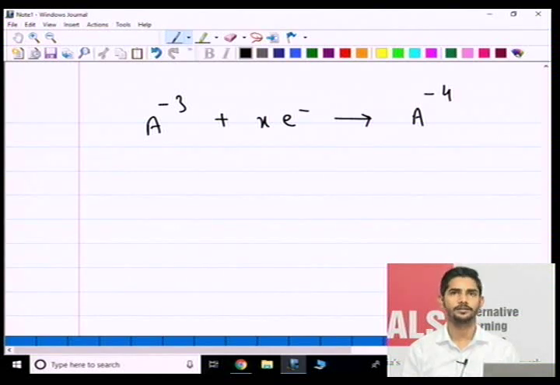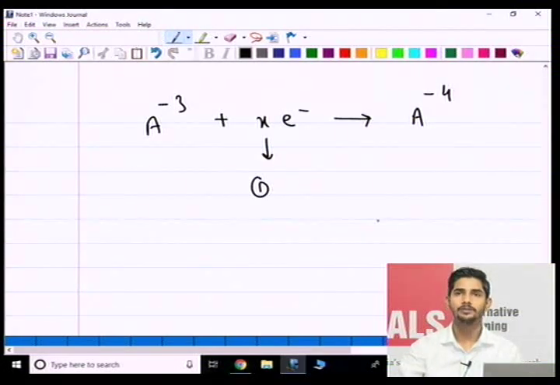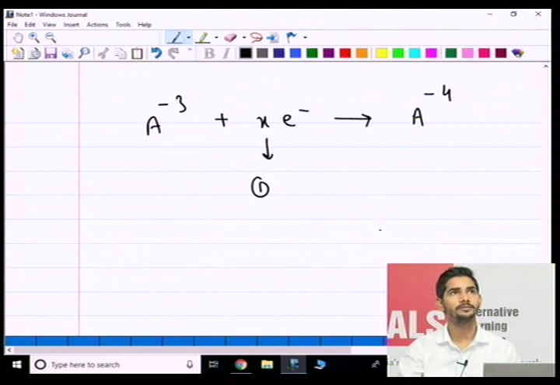What should be the value of x so that LHS will become the RHS? Can you please tell me? I have simplified that equation. I am putting the charges there. Guys, obviously we'll put the 1 over there now. And how can you get the 1?